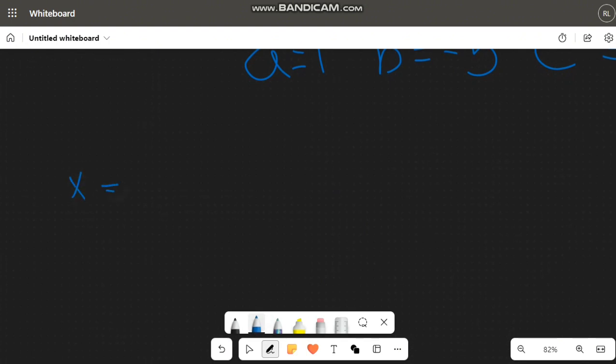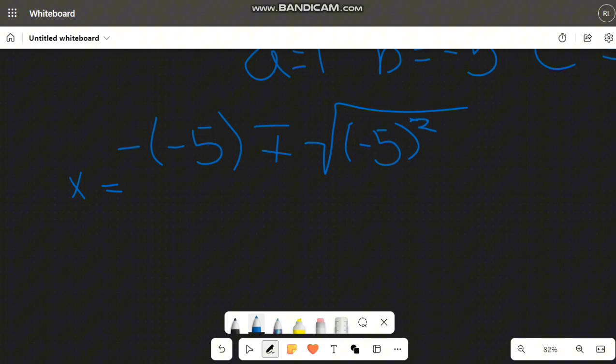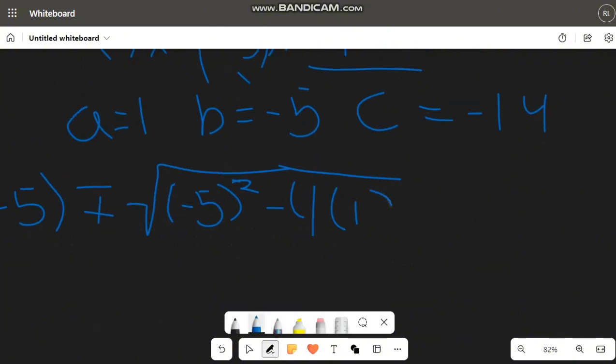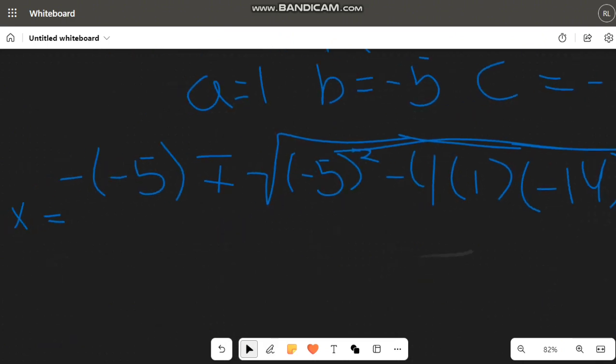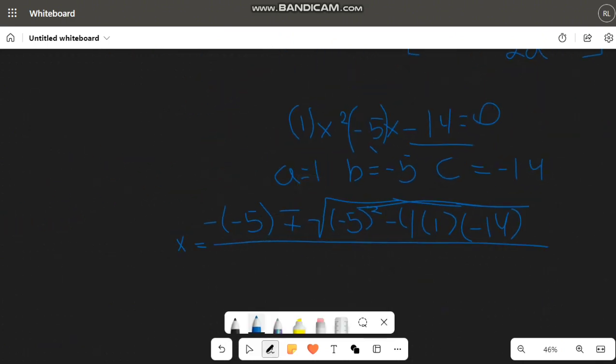So x would equal negative times negative 5, plus minus square root of negative 5 squared minus 4a, which is 1, and c, which is negative 14, which is going to be a big number, all over 2 times 1, which is just 2.